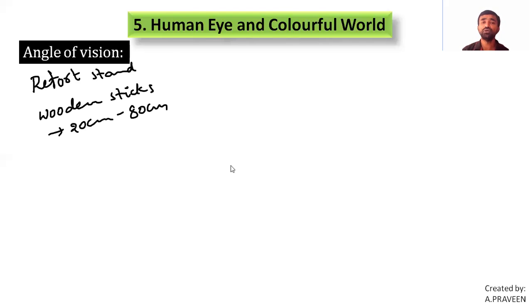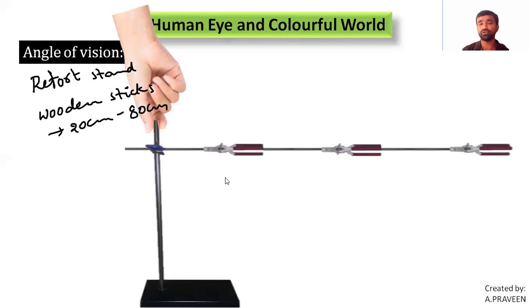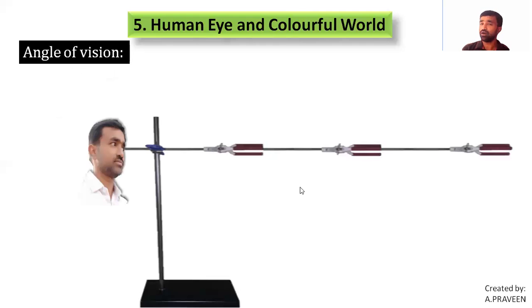Then what to do? Place one retort stand on the table, then fix your view as you did in the previous activity. So I'm going to fix myself along the horizontal rod, as you see here. Then ask your friend to bring the different wooden sticks.